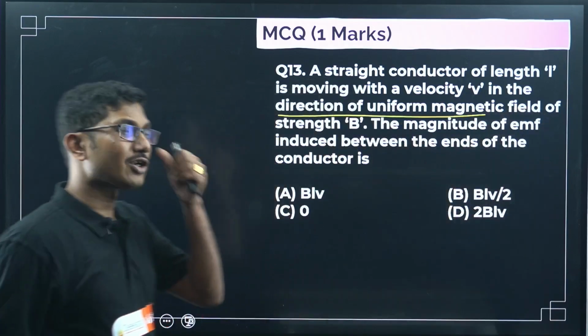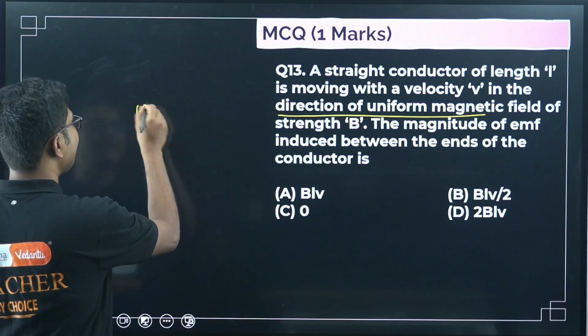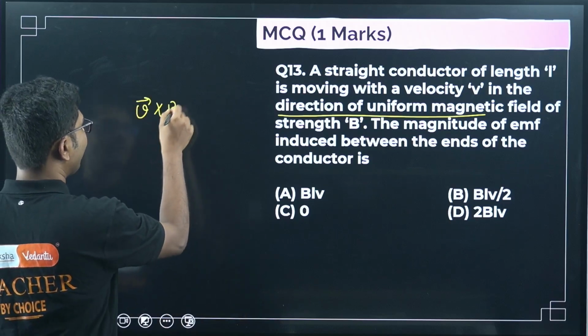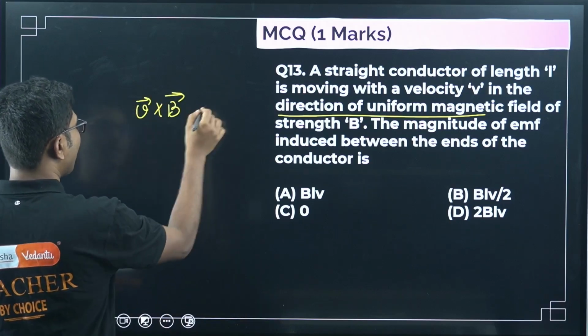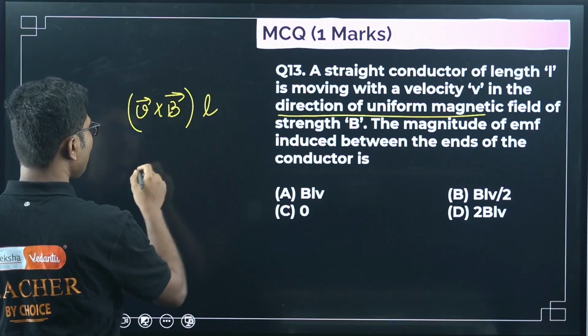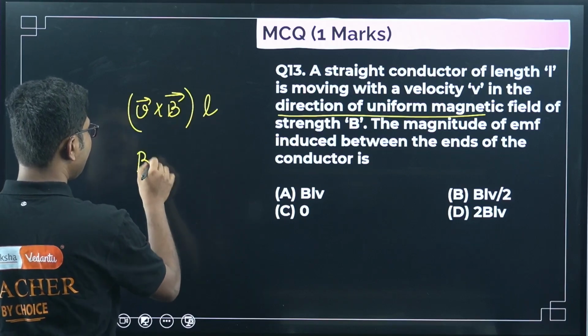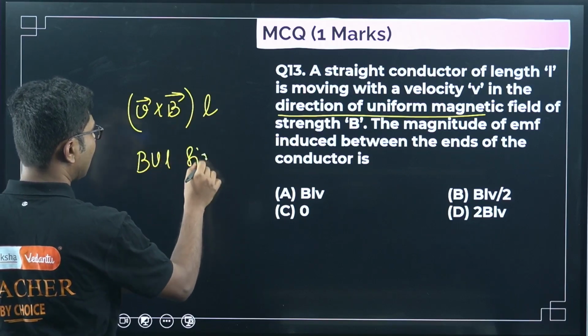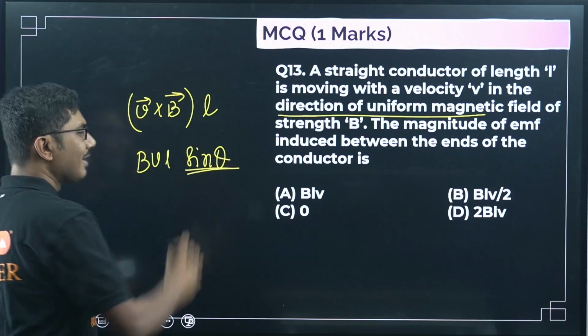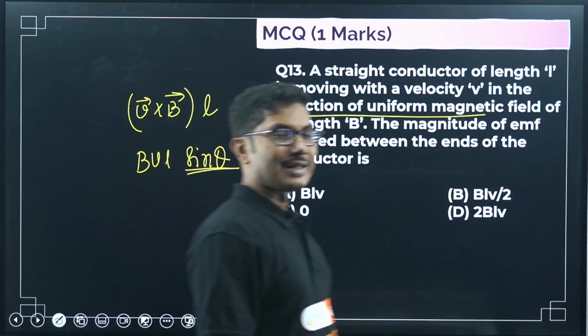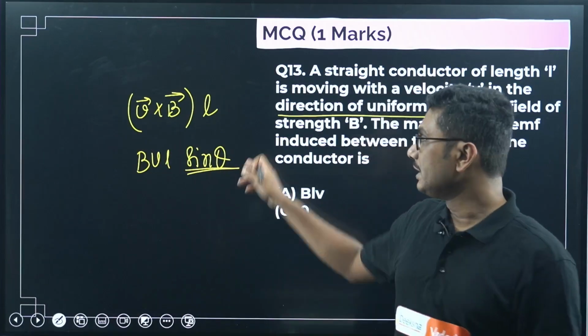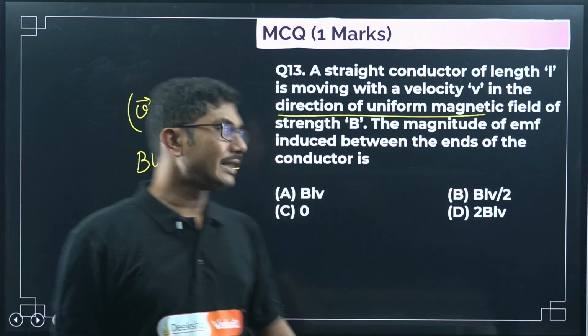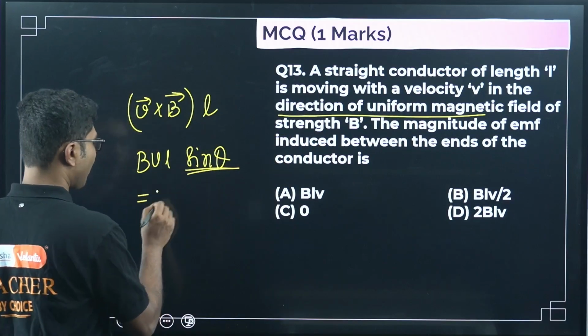So we know that this is v cross B, times L. So there will be BvL sin theta. If they are in the same direction, then theta will be 0. If theta is 0, then this value will be 0.